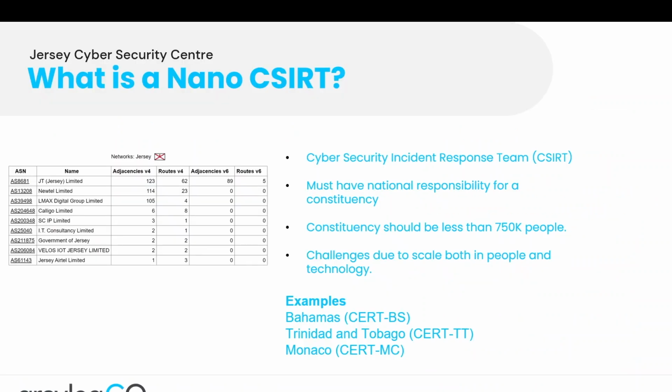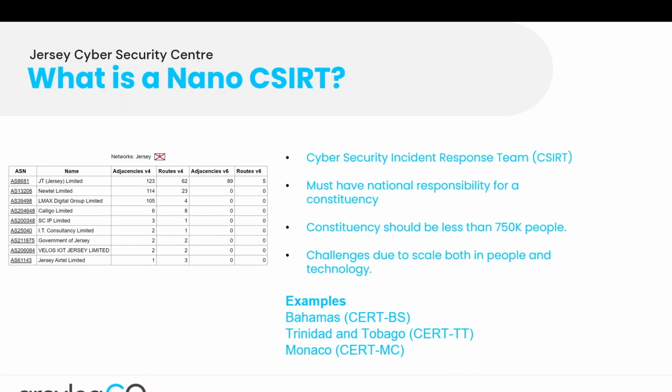What is a Nano National CSIRT? Well, CSIRT is a cybersecurity incident response team, and you have a national responsibility for a constituency. So you can think of things like the National Cybersecurity Centre in the UK, but on a much smaller scale.